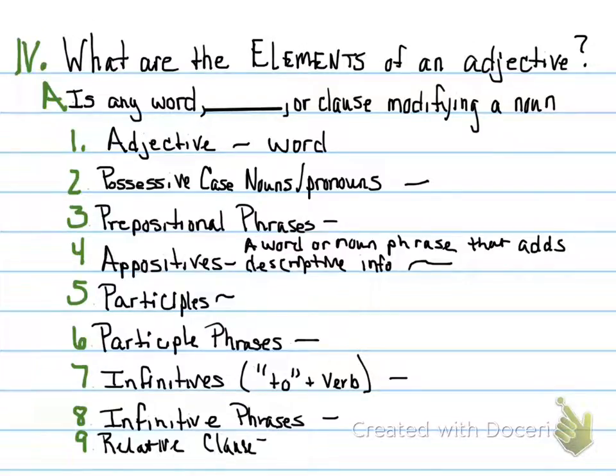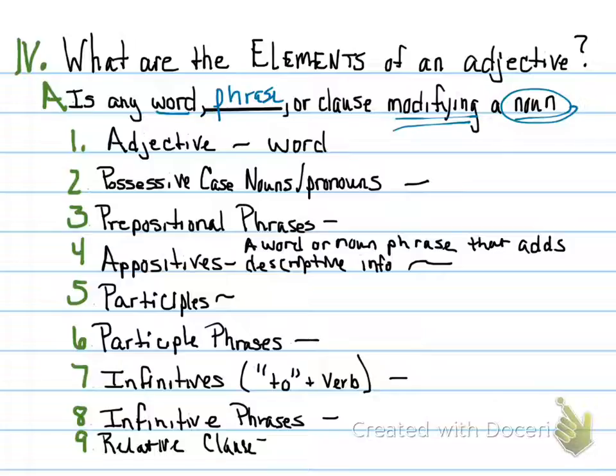So what are the elements of an adjective? Remember that an adjective is any word, or it could be a phrase, like a prepositional phrase, or a clause that is modifying or describing the noun. So of course, an adjective by itself is a word, pretty, hungry.